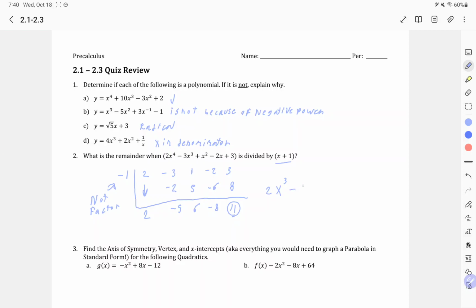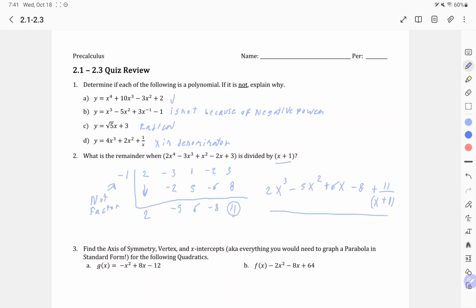And it's -5x to the power of 2 instead of 3. And it's +6x instead of x squared, so it would just go on and on, so negative 8, and then it would be positive 11 over the divisor, so x plus 1, the full thing.